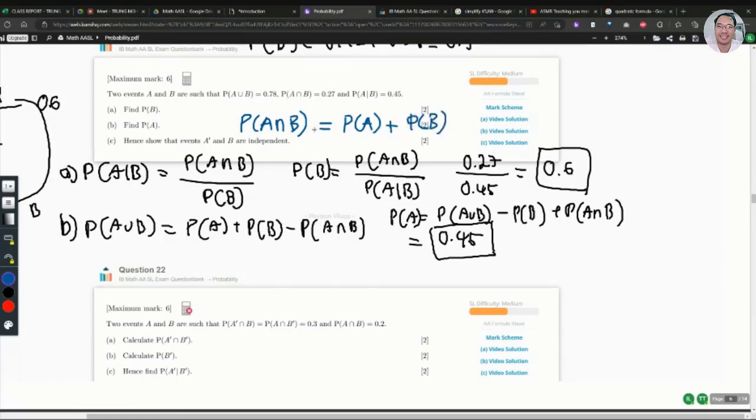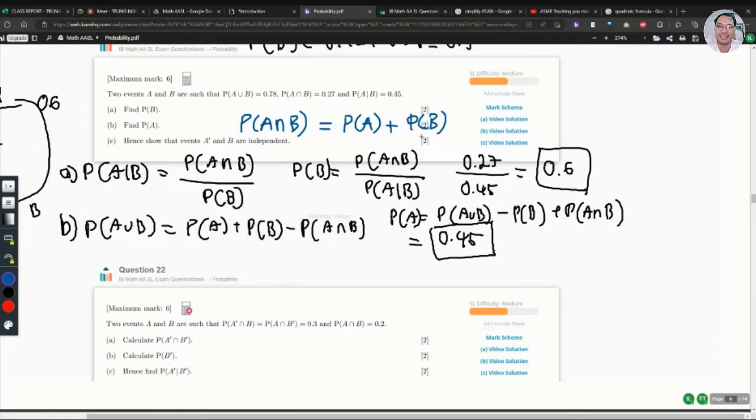But if it is different, then they are not independent. They are independent when this equation is satisfied, equal. If they are different, they are not independent. To show that they are independent, you need to show that this equation is correct: prob A and B equal to prob A plus prob B.